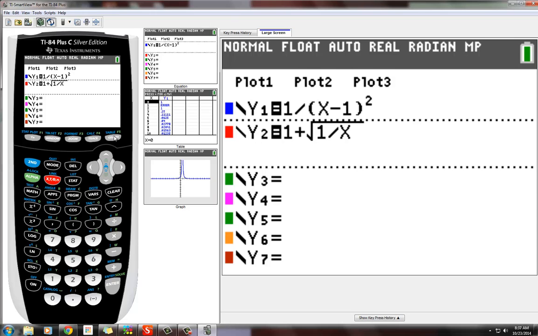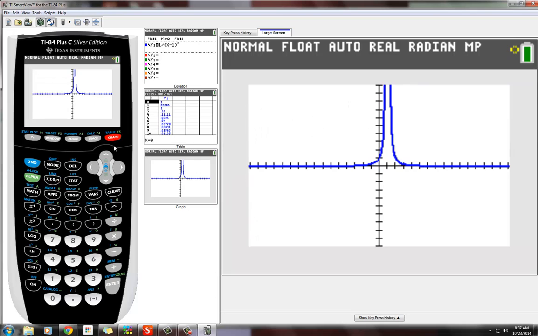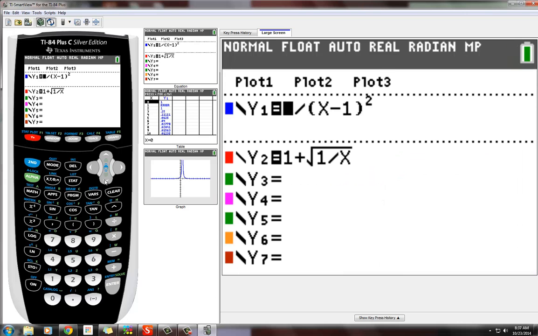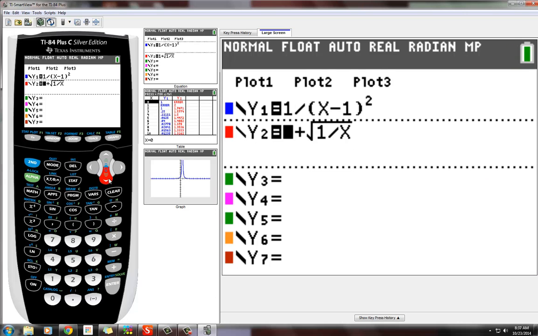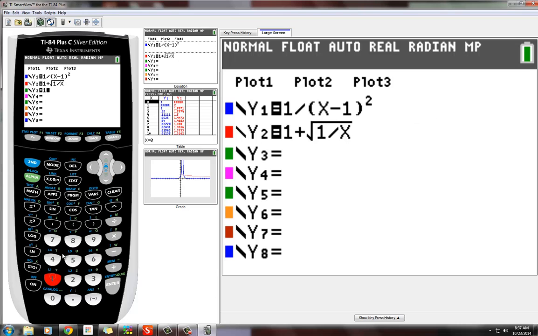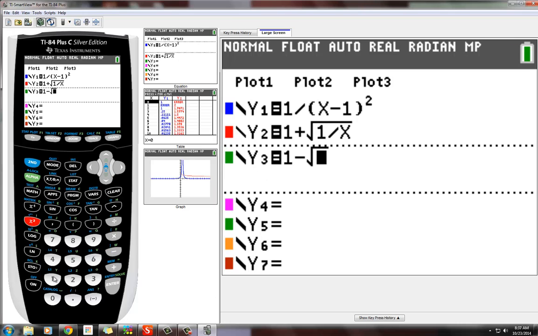Okay, now let's graph that. Okay, and then we have to do the negative version of that. So it's going to be 1 minus the square root of 1 over x. And we'll look at that.